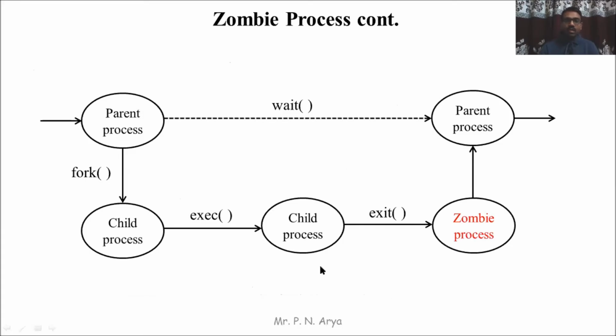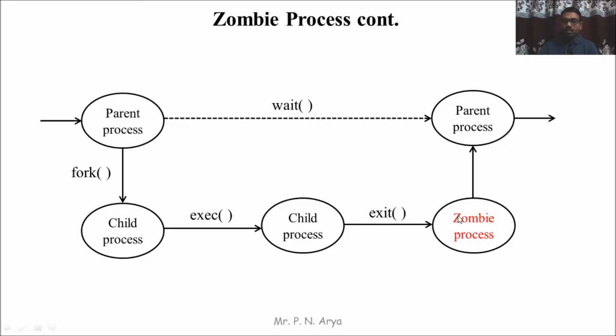This diagram shows how a zombie process is represented. Here the child process is created by the fork command and executes, performing the execution with the exec system call, and we terminate the child process by using the exit system call.